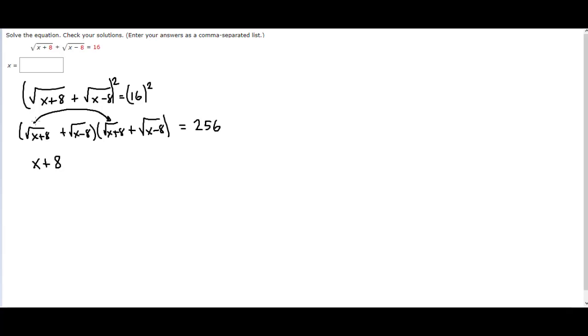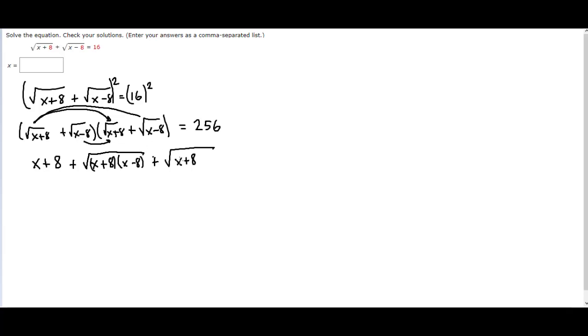So the next step, square root of x plus 8 times the square root of x minus 8, I can't do anything with that. I can't combine those. Now I can come in here if I want to. When you multiply two radicals, you can combine them together inside one single radical. That's permissible. We can do that, but I can't do anything else with this. And when I do the inside, I actually get the same result, plus the square root of x plus 8 times the square root of x minus 8.